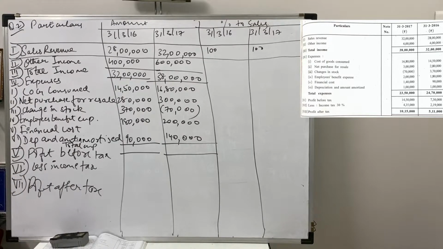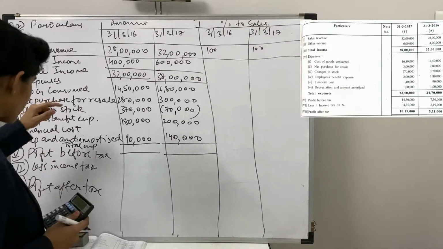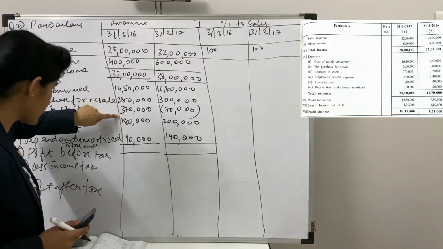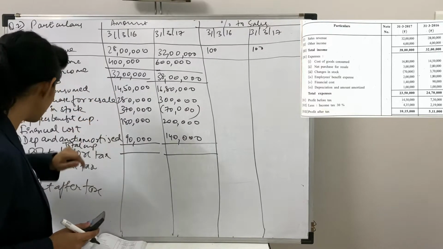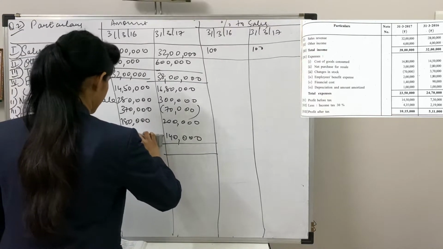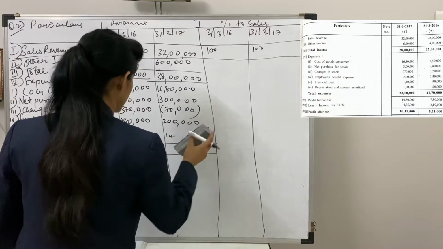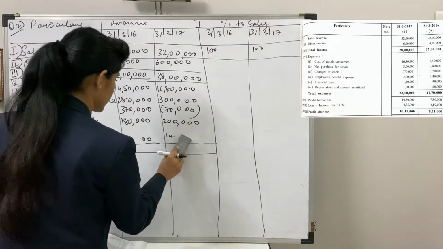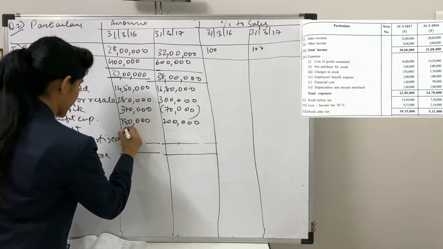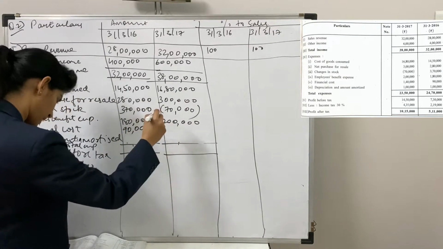This depreciation, I'll just cross check the figures. 14 lakh 50,000, 2 lakh 80,000, 3 lakh 70,000, 1 lakh 80,000. There is a mistake over here. I just forgot to mention the financial cost. So we'll put the financial cost, 90,000 and 1 lakh 40,000.